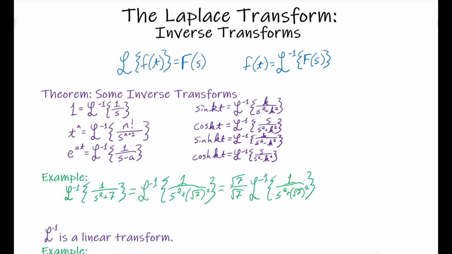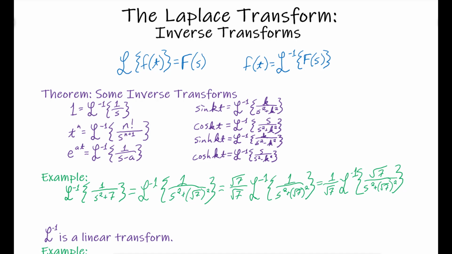So we're going to pull a square root of 7 in, and we'll see what I really have is 1 over the square root of 7 times the inverse transform of the square root of 7 divided by the quantity s squared plus the square root of 7 squared. This looks exactly like the sine of kt.